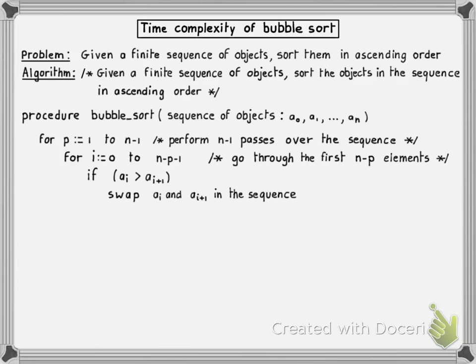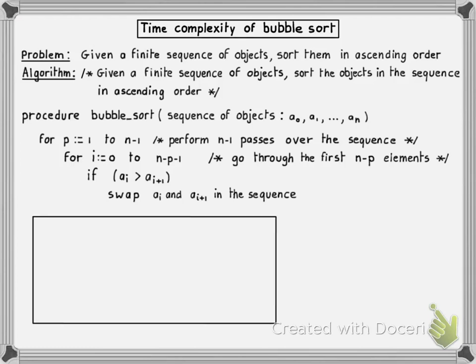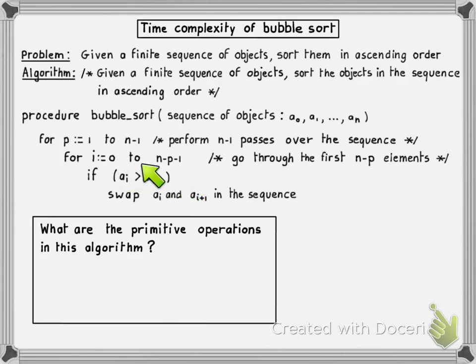Now, let's perform the time complexity analysis of this algorithm. Remember that the first step is always to pick the type of primitive operations that we're going to count. Now, this algorithm is basically a nested for loop where the body of the inner loop contains a comparison and a swap operation.